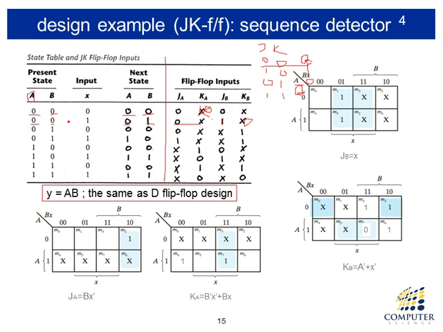Or from 0 to 1, we can toggle the output. So applying 1 and 1 on JK inputs, we can toggle the output and produce 1. So JK input for the B flip-flop for this case is 1 and don't care.